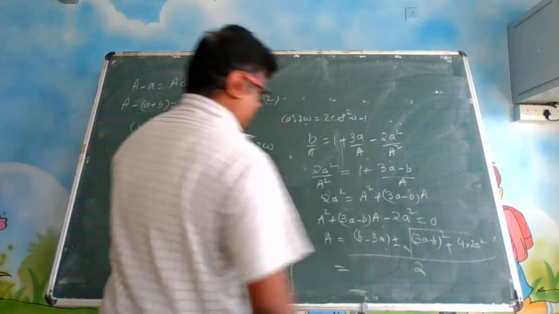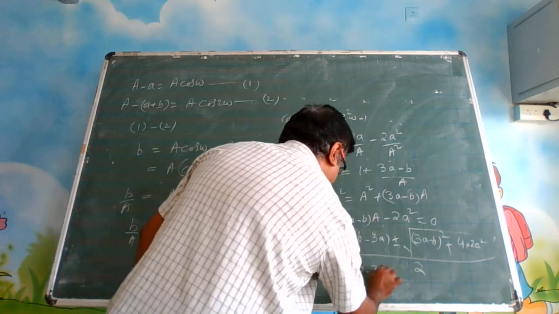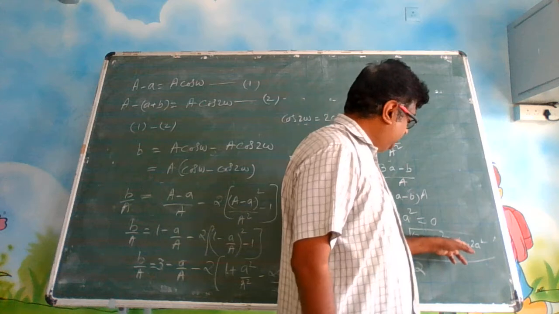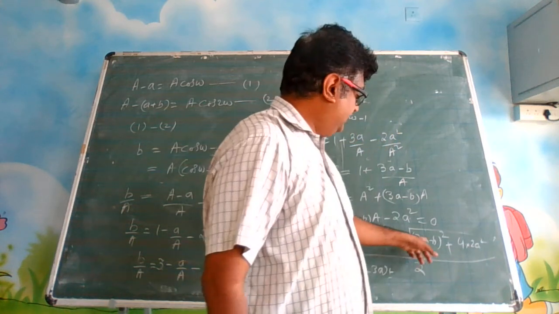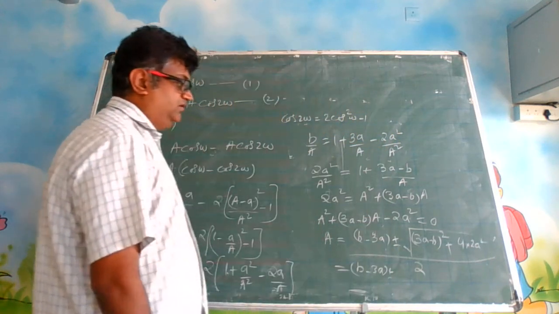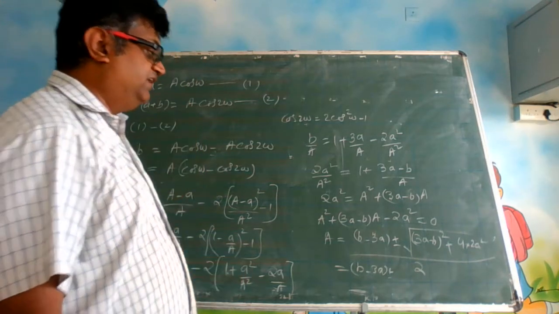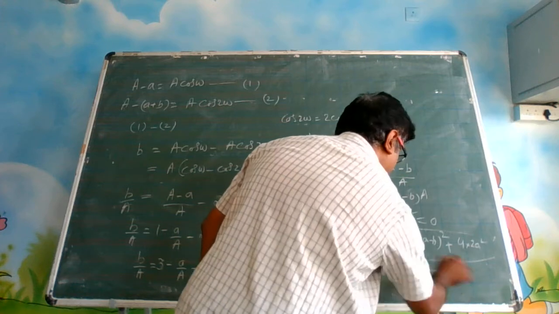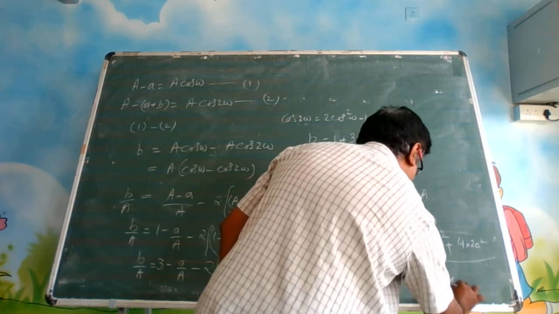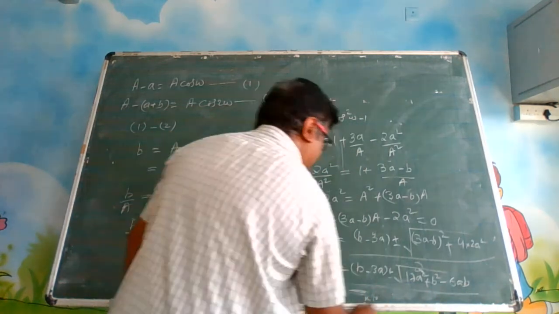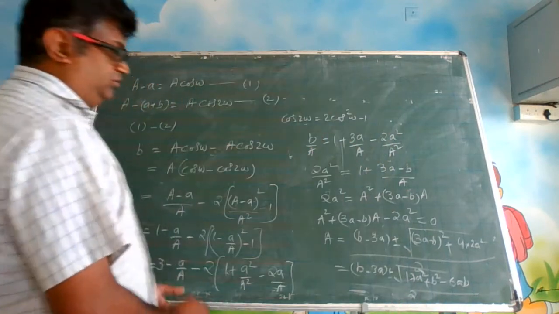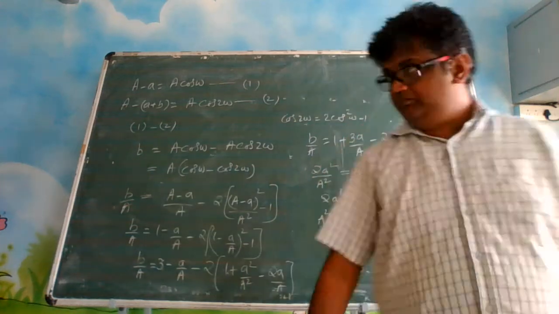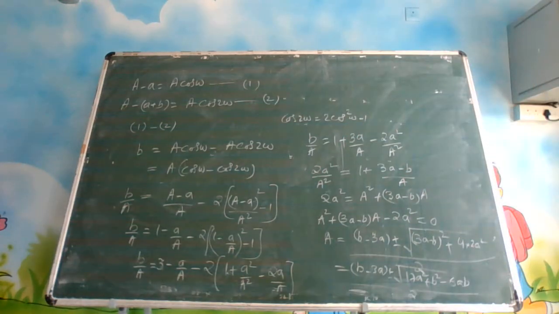So this becomes B minus 3A plus or minus. So here you are getting 8A square and 9A square, you are getting 17A square. So we are not getting any particular format. 6AB divided by 2. So any clean root we are not getting. It is getting into something very lengthy and tedious.